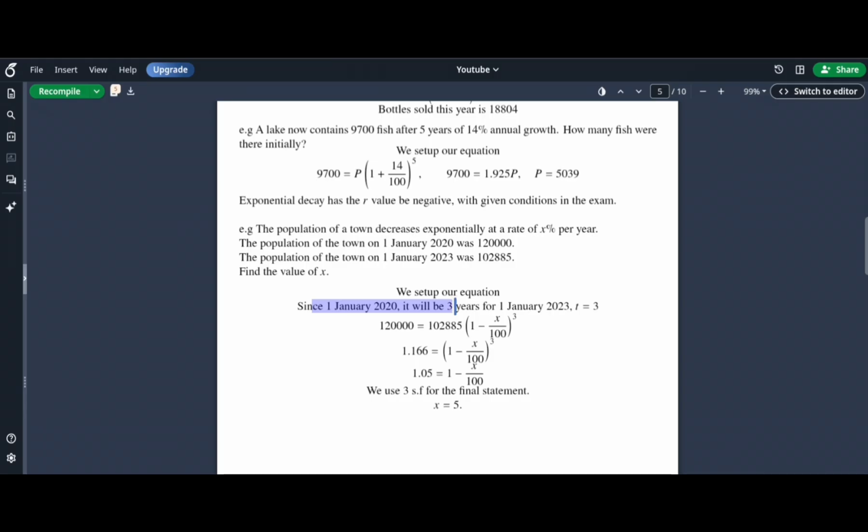From 2020 to 2023, the time period is 3 years, right? So it will be the final value.